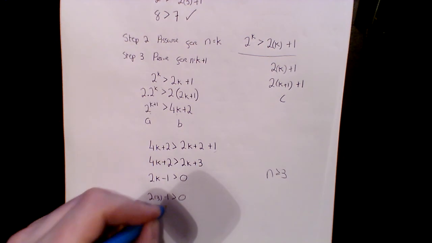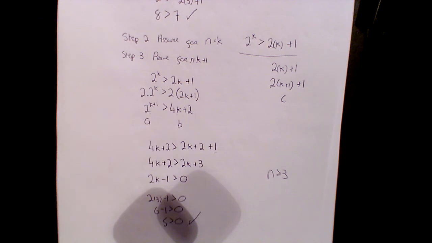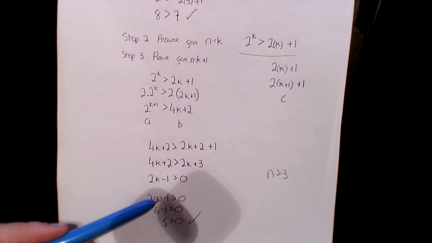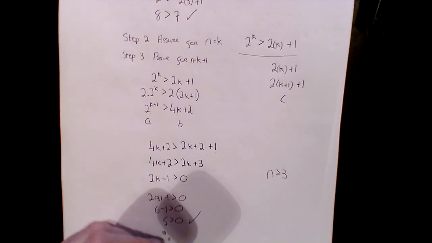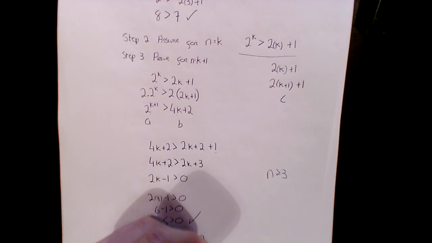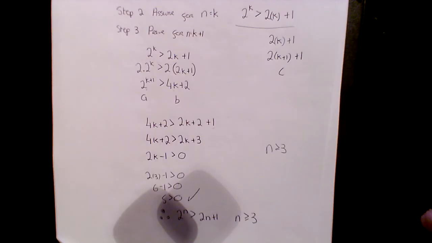Is that true? Well, we have 6 minus 1 is greater than 0, so 5 is greater than 0. It is true. And to be honest, if I put in 4, it's still going to be greater than 0. If I put in 5, 6, 7, any number, it's always going to be greater than 0. So I would say, therefore, 2^n is greater than 2n plus 1 when n is greater or equal to 3. Okay? Thanks.